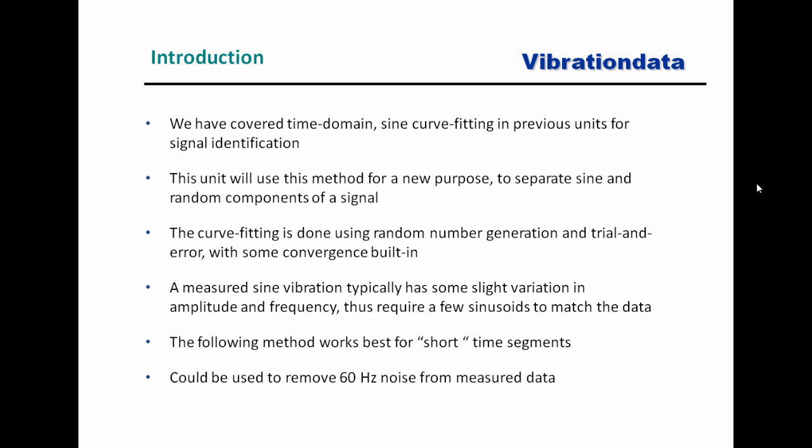So you may potentially have a need to remove some spurious sinusoidal noise signals from your data, or you may have data that is free from spurious noise, but it does have a sine on random characteristic, and for your own purposes, you might want to separate out the random and the sine components.